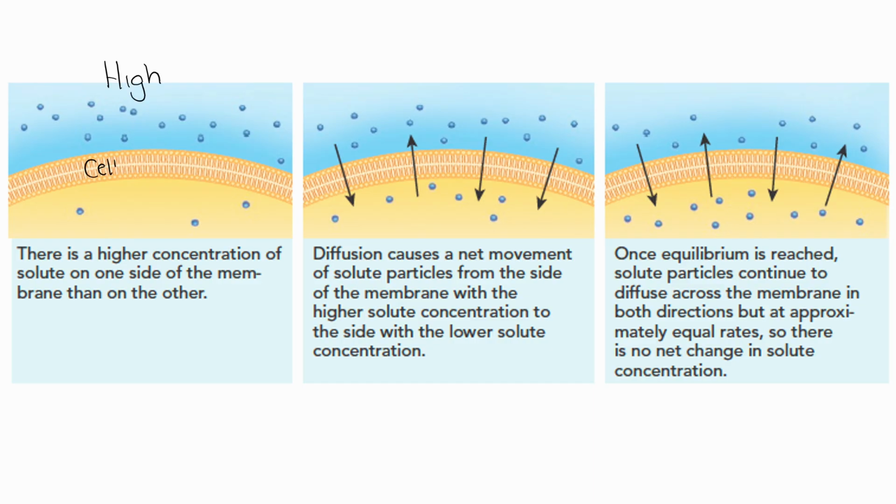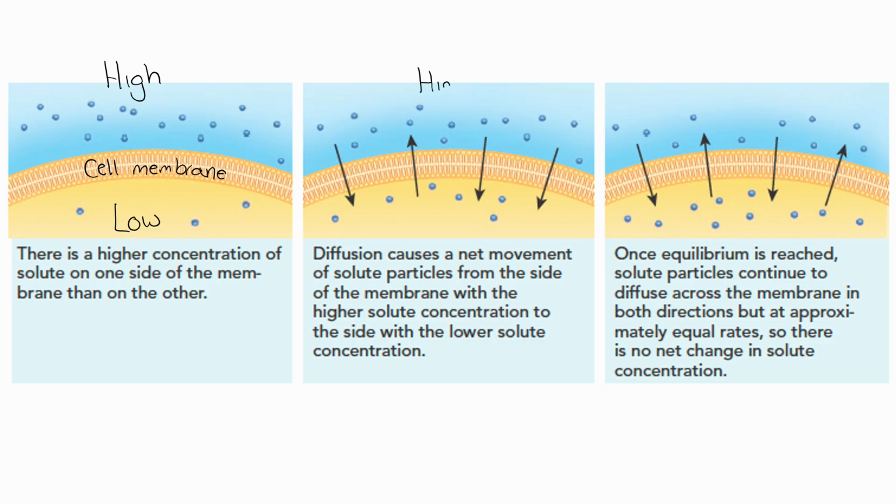So here is our cell membrane. Again, remember, this is a lipid bilayer. We have a high concentration of blue outside the cell and a low concentration of yellow. What we expect to see is that diffusion causes a net movement of solute particles from the side of the membrane with a higher solute concentration to the side with a lower concentration.